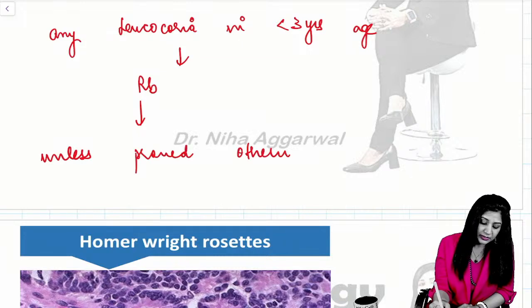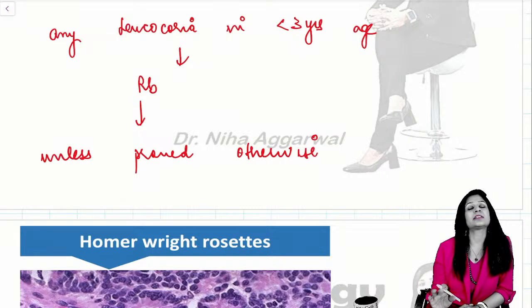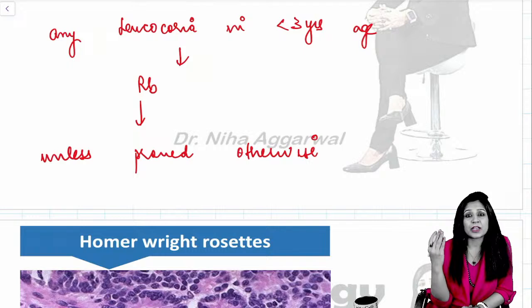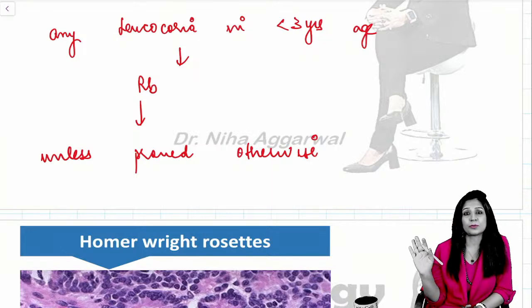A very, very important thing: even if they have not told you the reason for leukocoria, if there is any baby less than 3 years of age with leukocoria, please take it as a case of retinoblastoma.